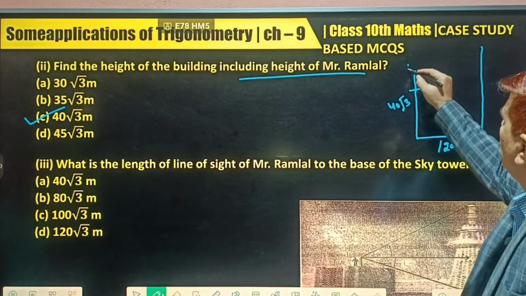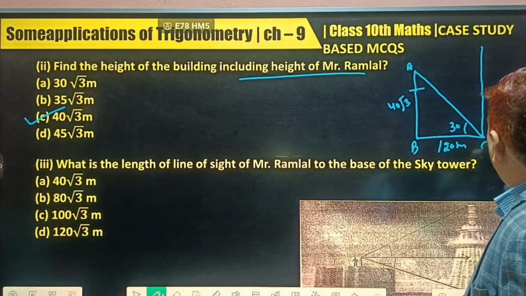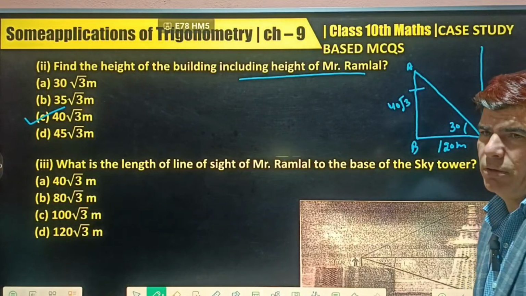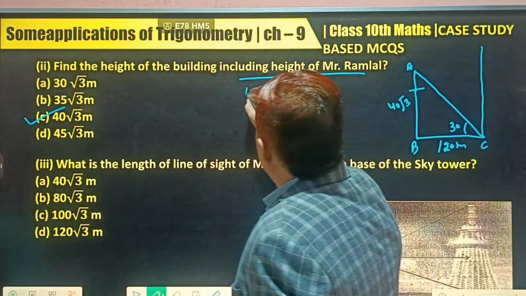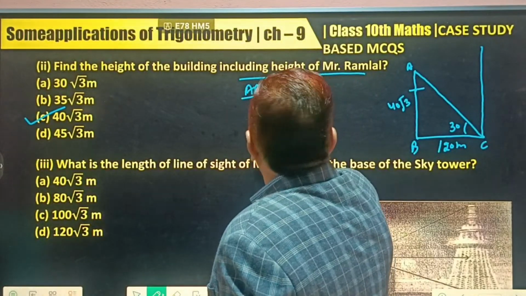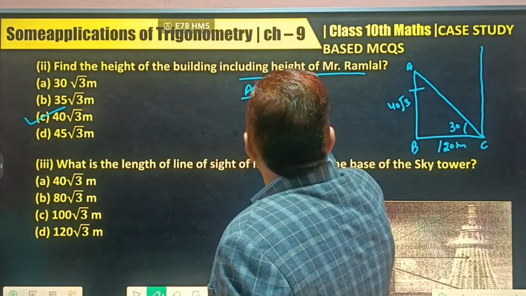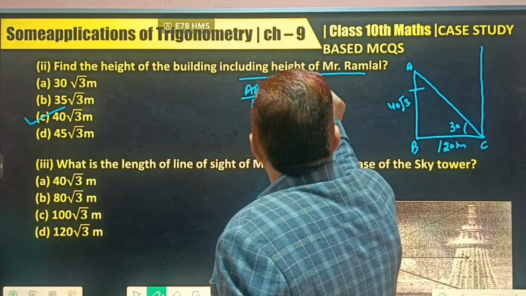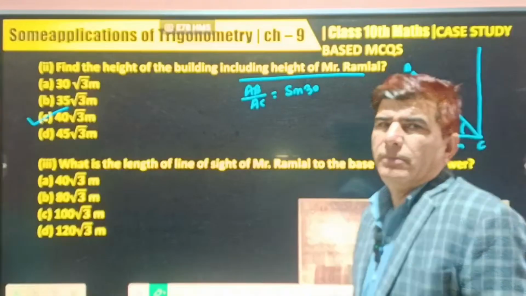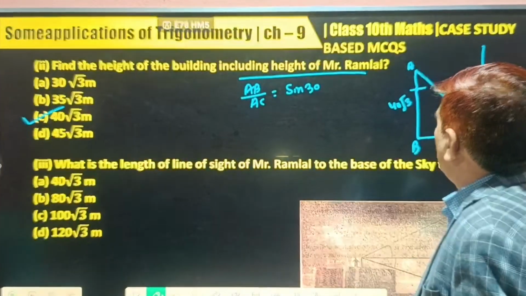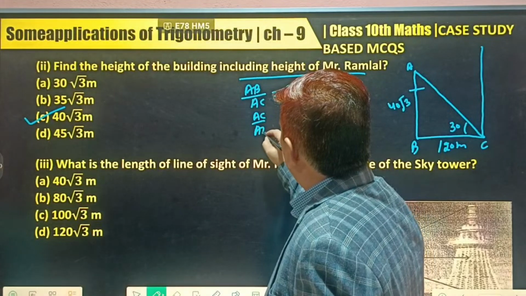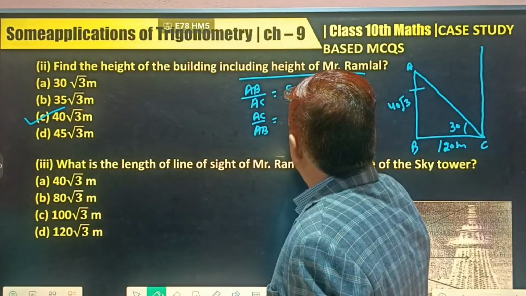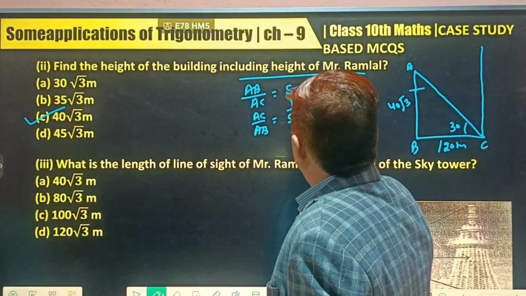So we have to find out AC in triangle ABC. AB by AC is perpendicular by hypotenuse, sine 30. So AC by AB is equal to 1 by sine 30. Understood?